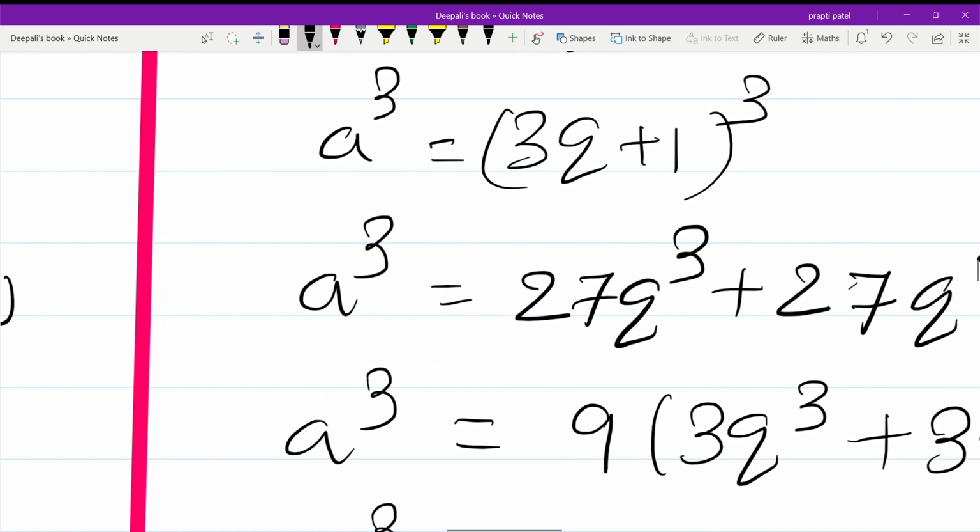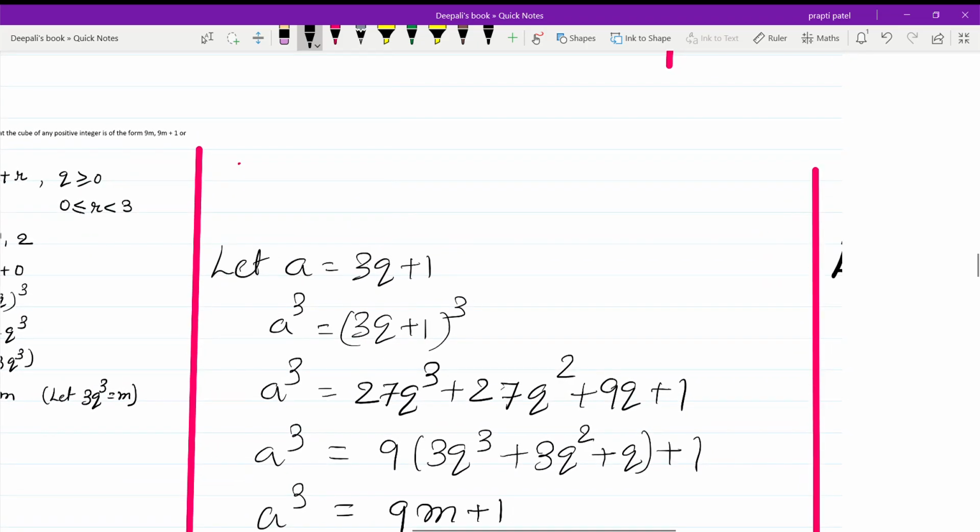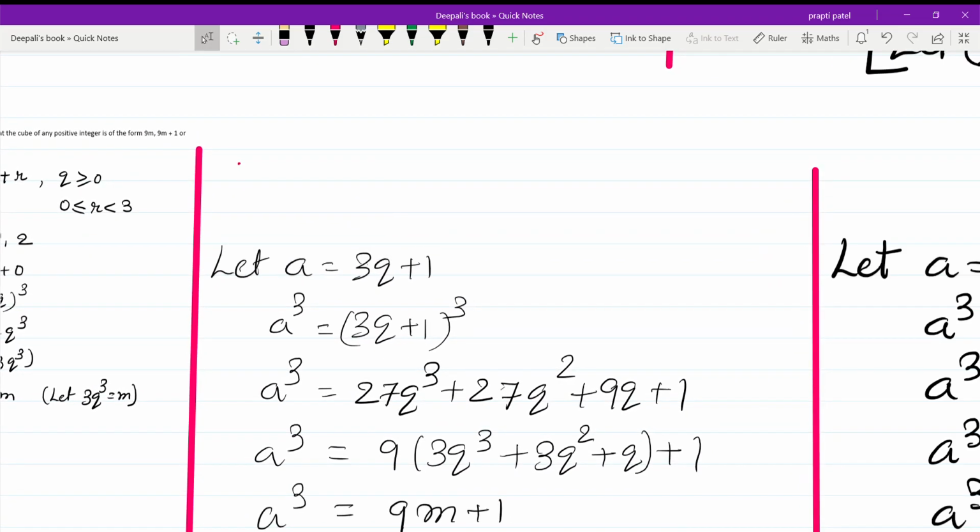Now one more case we take, let a is equal to 3q plus 1. Then a cube is equal to 3q plus 1 whole cube. So a cube is equal to 27q cube plus 27q square plus 9q plus 1, applying the formula of a plus b whole cube.